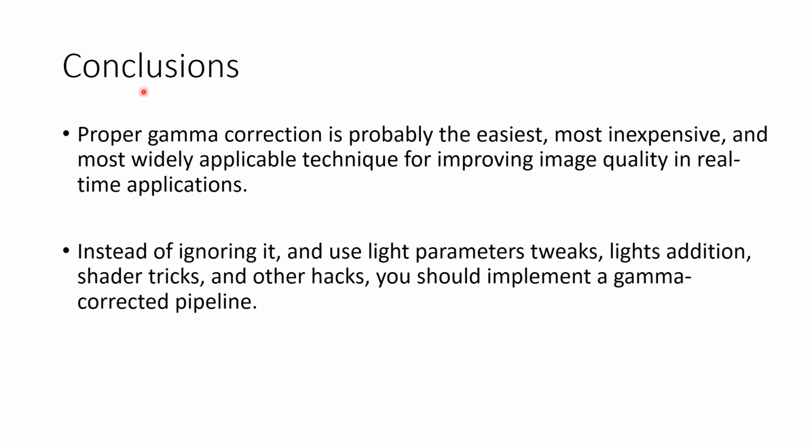So, conclusion. Proper gamma correction is probably the easiest, most inexpensive, and most widely applicable technique for improving image quality in real-time applications. Because, as we saw, it's a matter of deciding the correct texture to use. Even if you want to avoid the sRGB gamma curve and you want to use the gamma 2.2 curve, you are going to only add some floating point calculation in your shader that shouldn't be expensive.